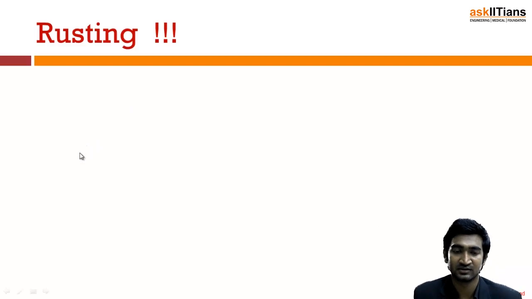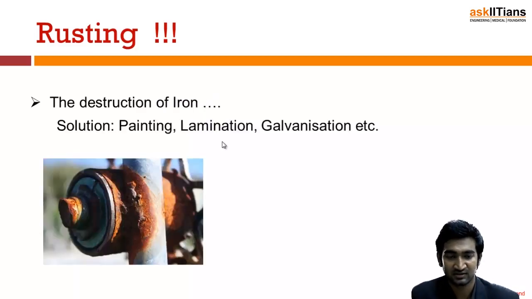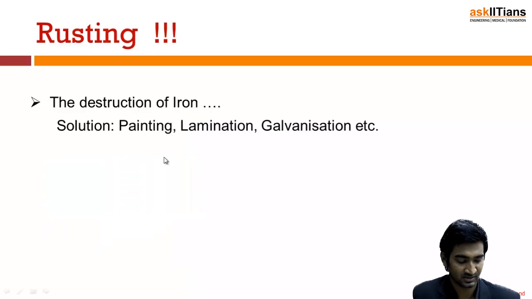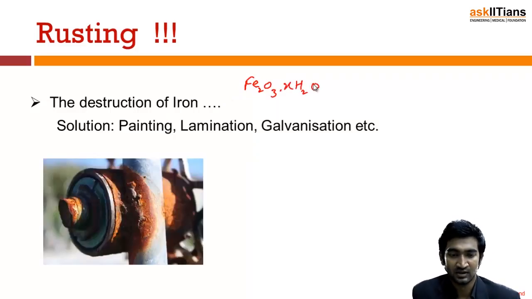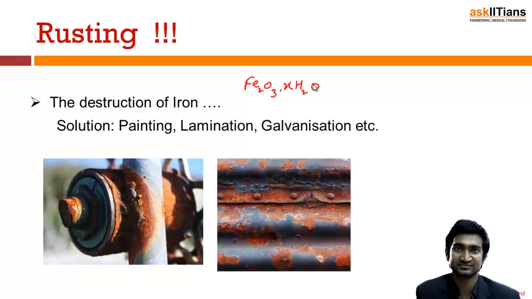So that is formed, and the destruction of iron is like this, you can see. So what is that formula? Fe2O3.xH2O, okay. This is the destruction of iron this way. These were the real life examples of redox reaction. Here rusting is an oxidation process.